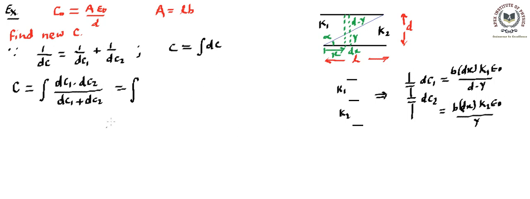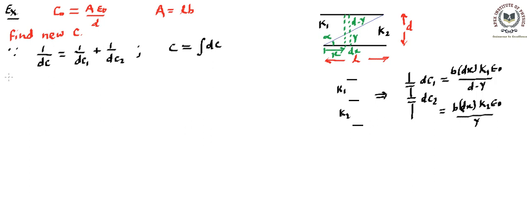Fine. Or what we can do, that's going to be a little bit easier to calculate: first find out dC, then we will place the dC over here to get the integration. So finding this 1 upon dC is going to be a little bit easier. So let's carry on with this first.